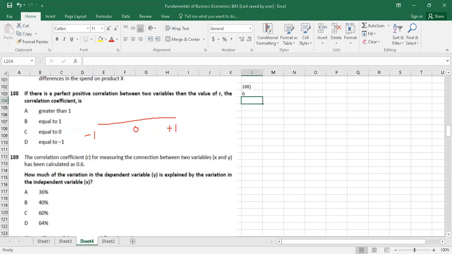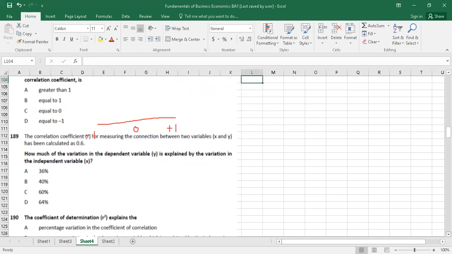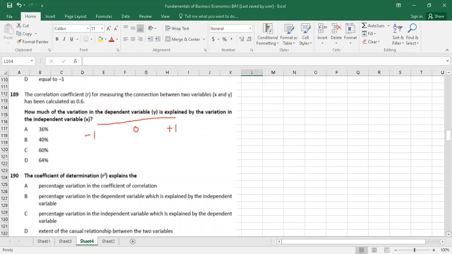Question 189: The correlation coefficient R for measuring the connection between two variables x and y has been calculated as 0.6. How much of the variation in the dependent variable y is explained by the variation in the independent variable x? So yes, there is a relationship, but it doesn't indicate that there is a strong relationship.